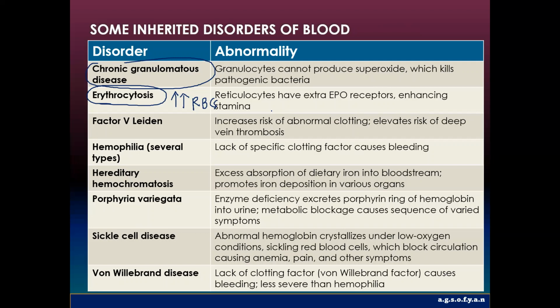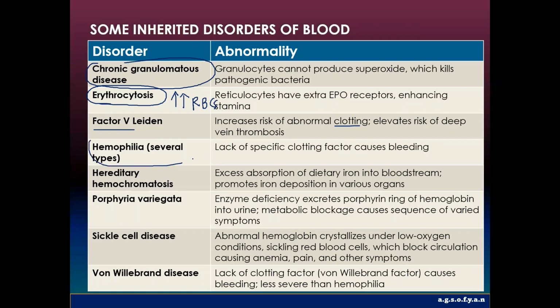It can increase the risk of heart disease because this individual has more sticky blood due to the increased red blood cell production. Factor V Leiden also increases the abnormality of clotting. This individual will have a higher risk of DVT, deep vein thrombosis.